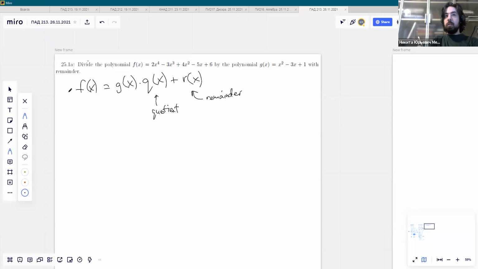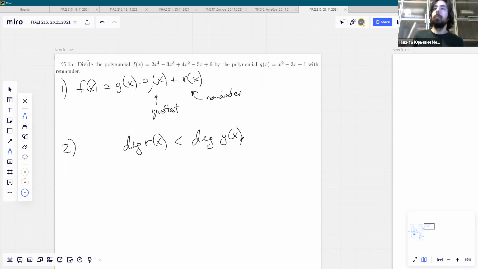First, such that this holds, and second, this R is kind of smaller than what we divide by. But for polynomials, there is no such thing as smaller, but there is such a thing as degree. Degree of R needs to be less than degree of G. Then we say that R is a remainder.